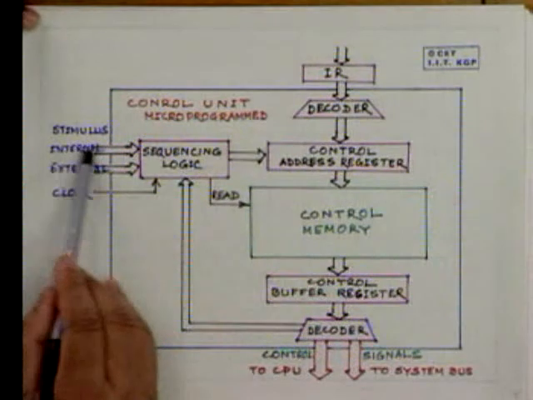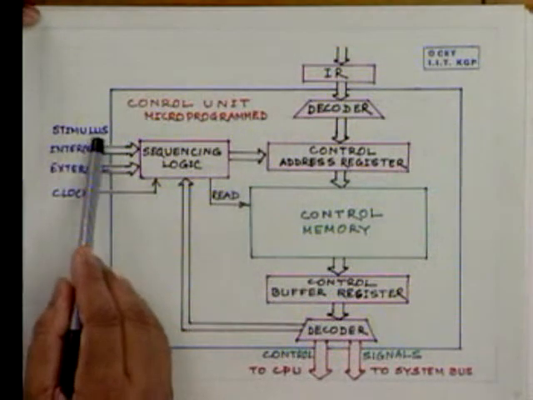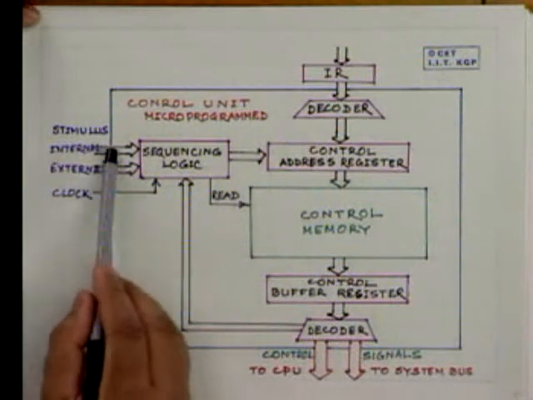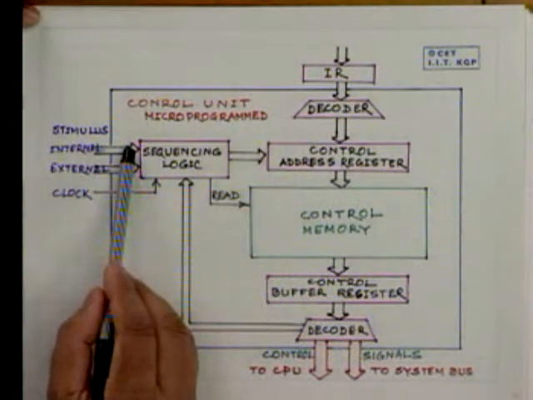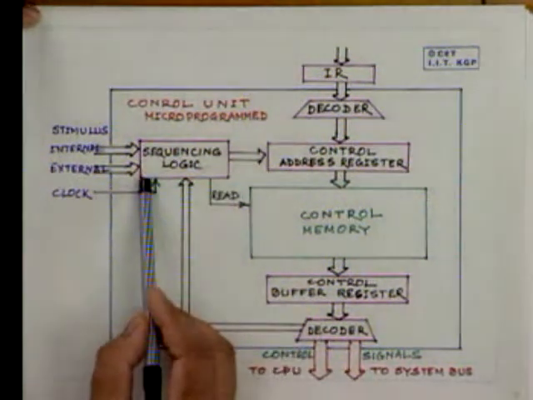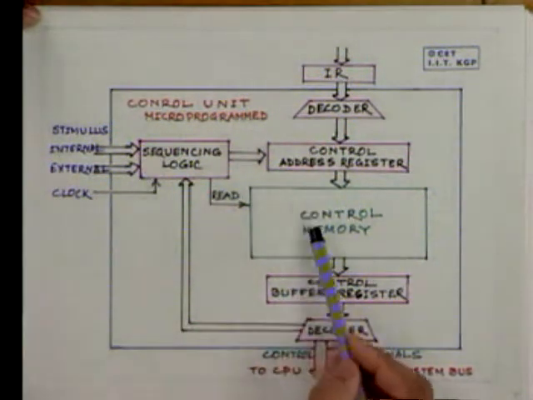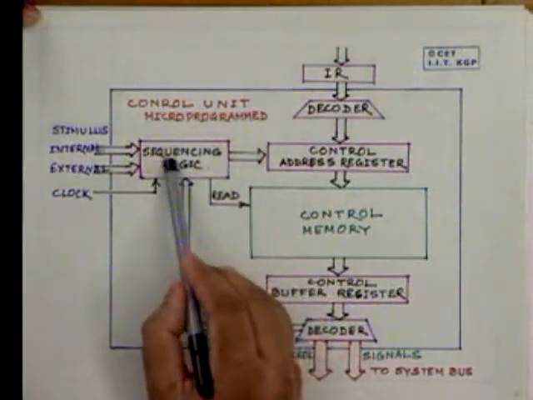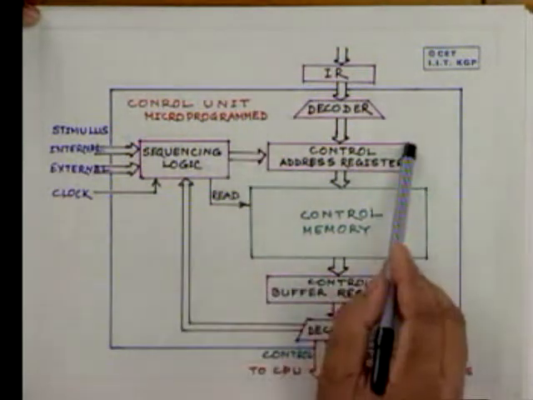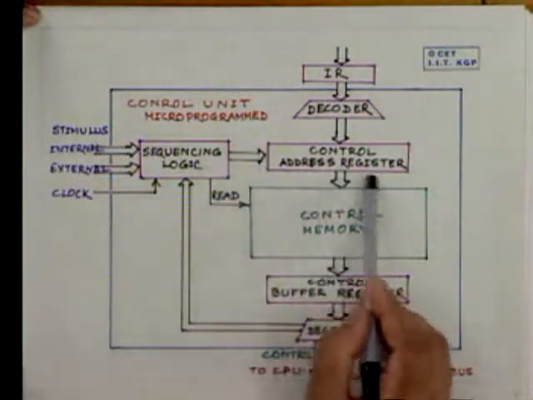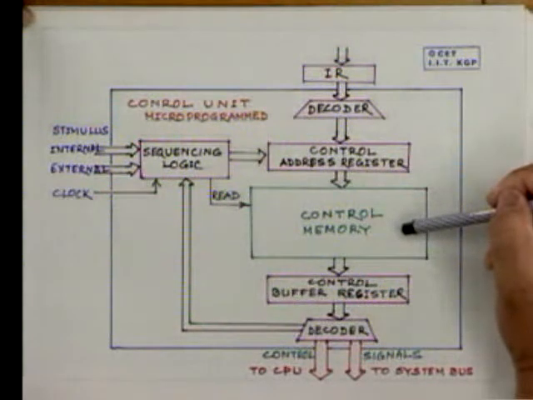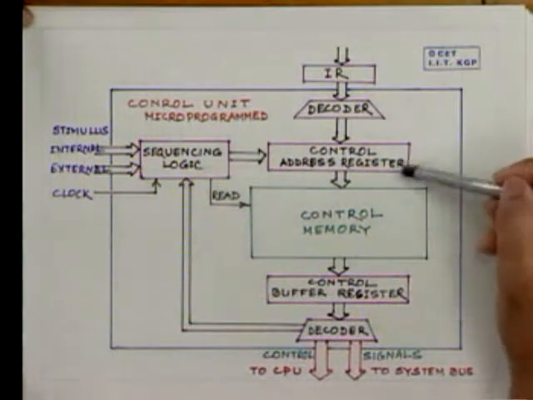Now, the internal signals like condition codes such as overflow, carry, sign, etc., should be inputted also, and they should influence the flow of control within the microprogram. The sequencing logic will decide what should be the content of the control address register from where the next microinstructions are to be fetched.